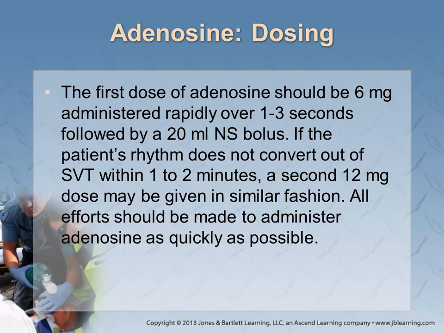Now, one way to determine if this is an SVT or an AFib RVR, because if the AFib RVR is going so fast, you may not be able to determine if it's irregular or not, and so it may look a lot like an SVT. I had a patient in LaGrange that the first time I ever administered adenosine to, I just knew it was SVT.